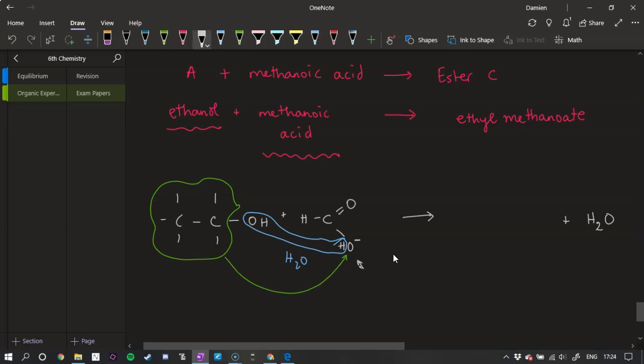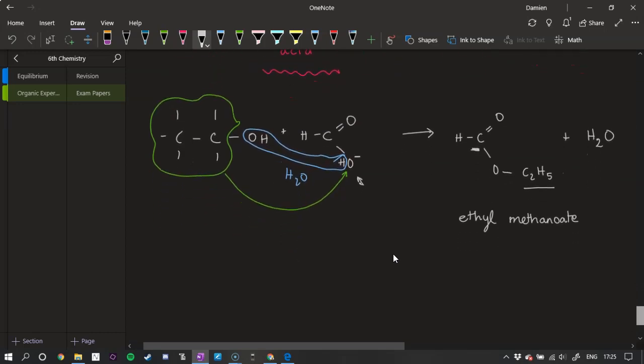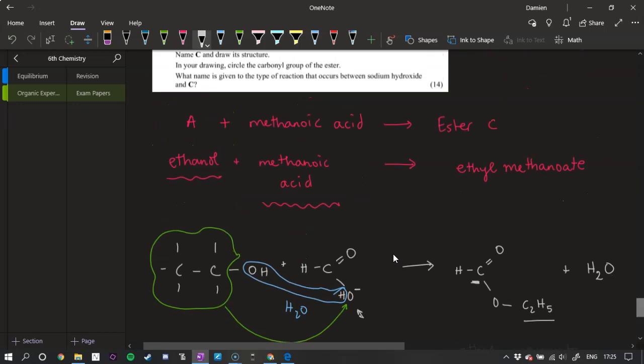So you now have HC double bond O, O, and bonded to that, C2H5. This is where you get your ethyl. Then you have one carbon here, meth, and because it's an ester, -oate, plus water. You can do it like that as well. As long as you clearly show where everything is coming from, a diagram will perfectly suffice.